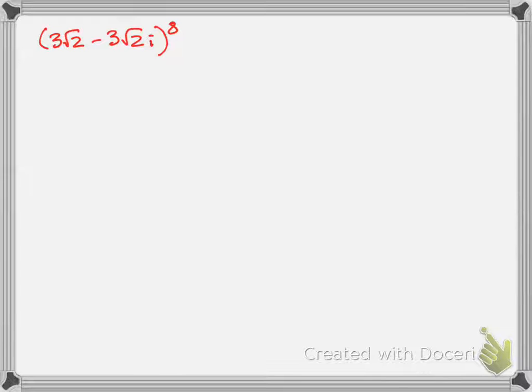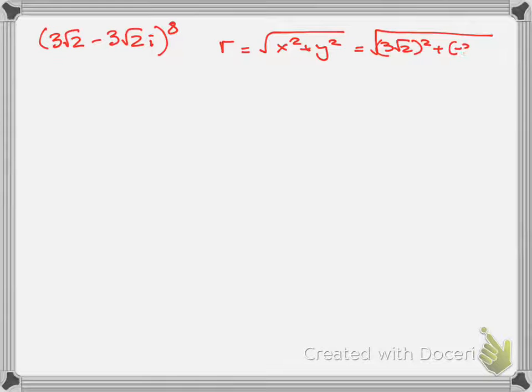Okay, the first step is we have to find r. So r is the square root of x squared plus y squared, which in this case would be the square root of 3 square root of 2 squared plus negative 3 square root of 2 squared.